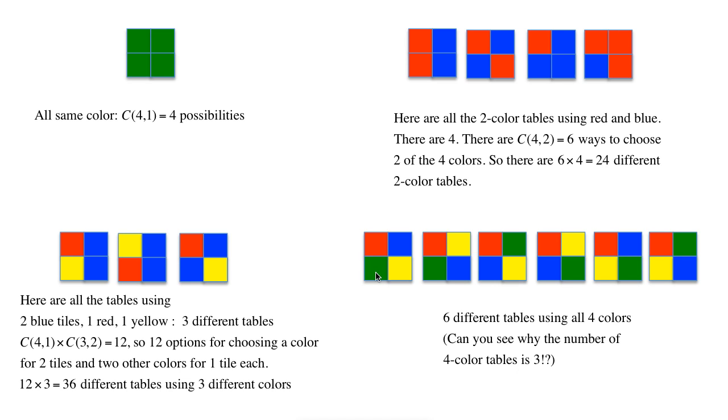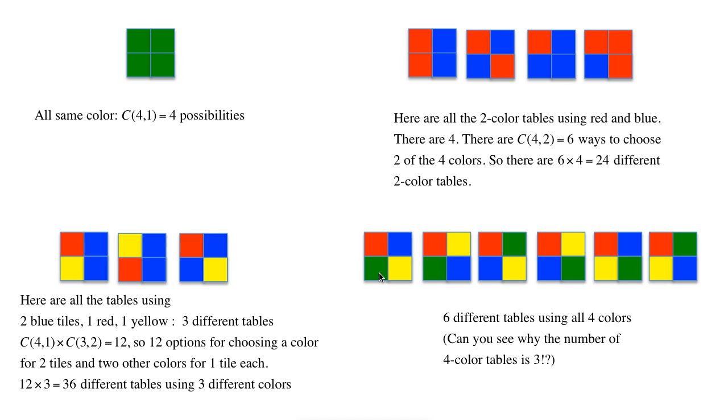If I'm going to start at the green tile and travel around the table clockwise, in this table I come to red, blue, yellow. In this table I would come to red, yellow, blue. In this table I would come to yellow, blue, red if I start at the green.